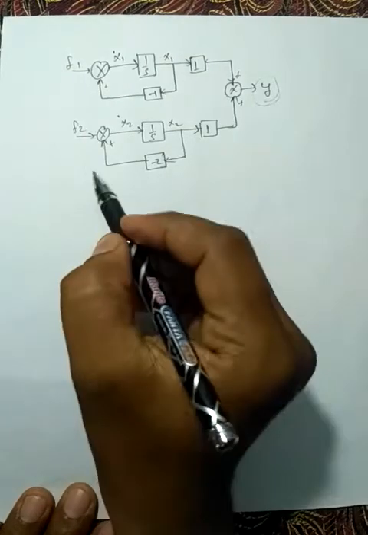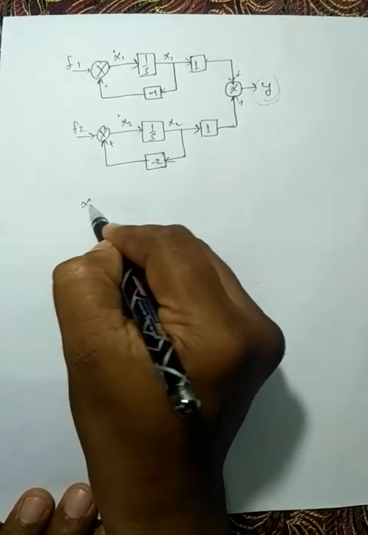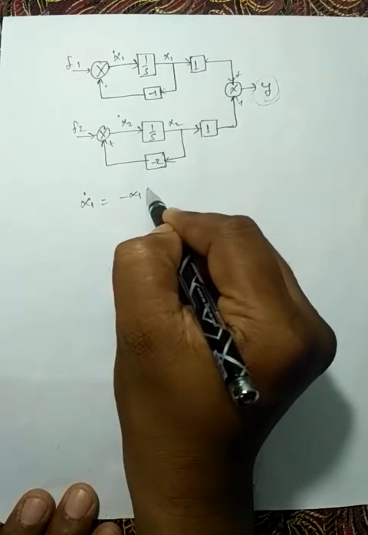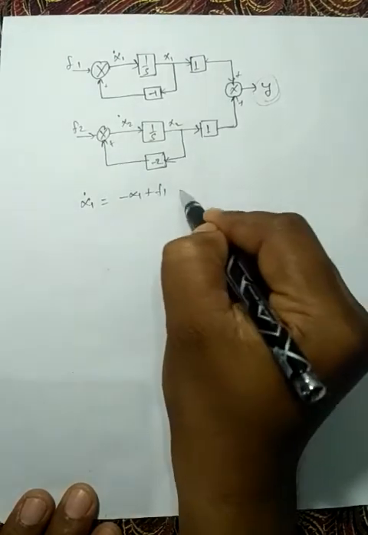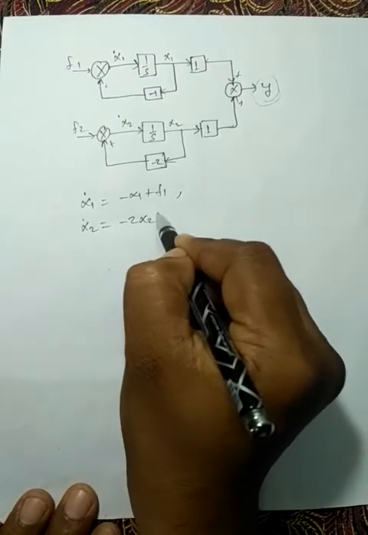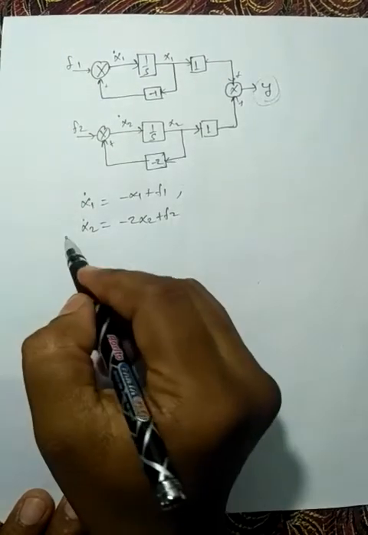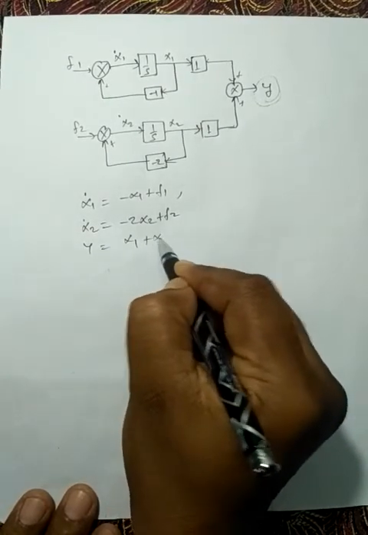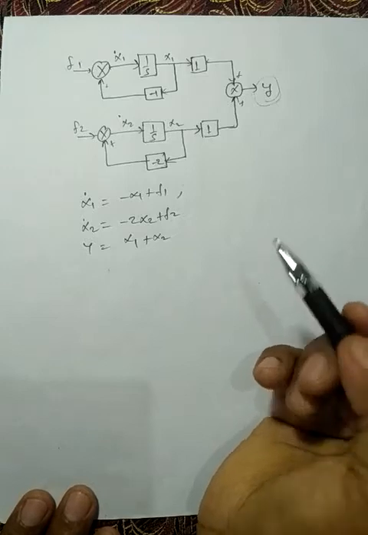output equation. So the state equation becomes x1 dot is equal to minus x1 plus f1, x2 dot is equal to minus 2x2 plus f2, and y is equal to x1 plus x2, right?